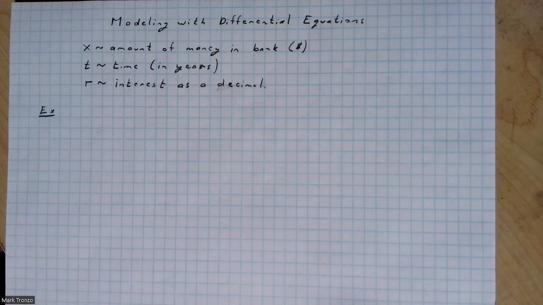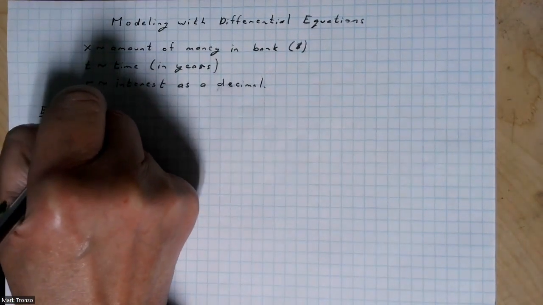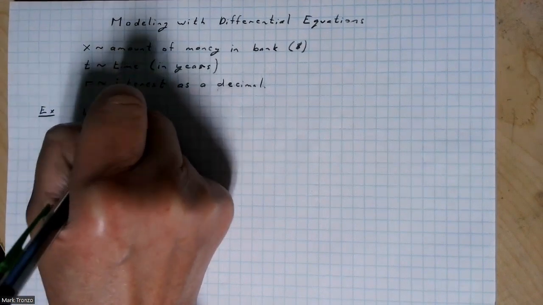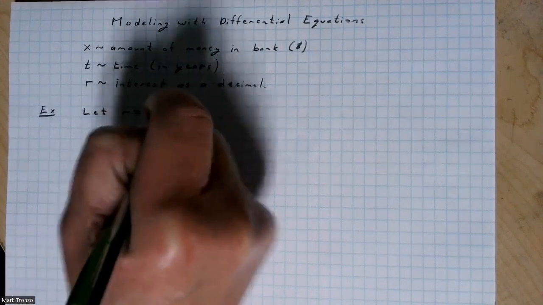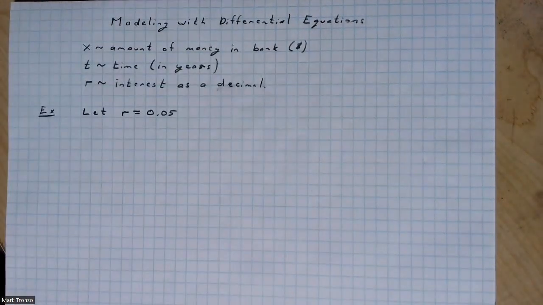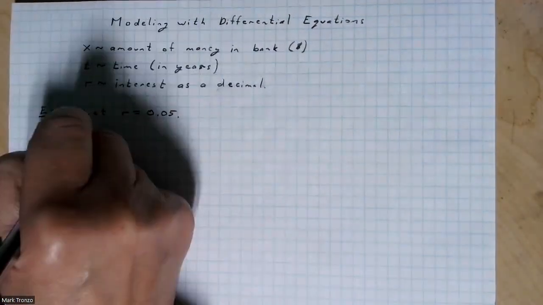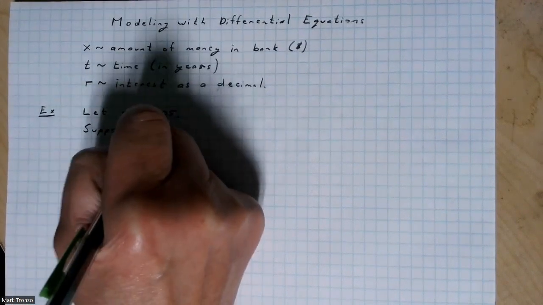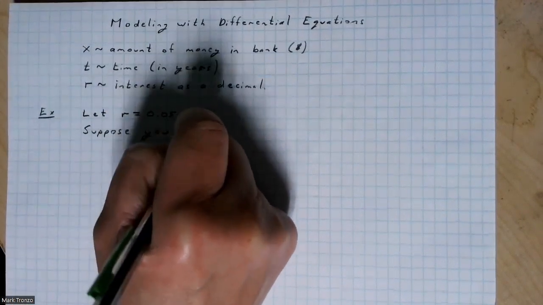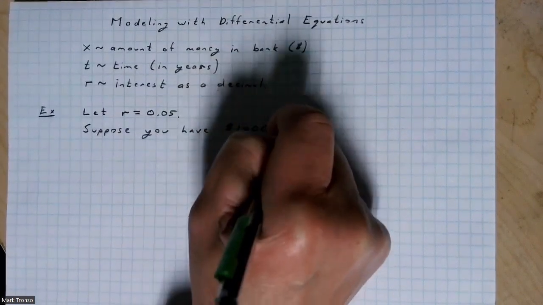And so let's have this example. Let R be the interest rate. Let's say it's going to be 5% per year. And of course, the decimal is 0.05. And suppose you have $1,000 in the bank today.